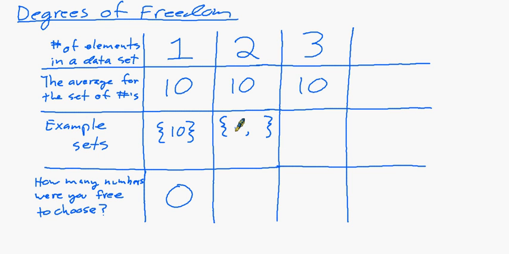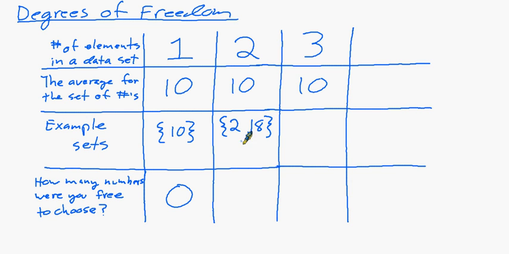Could we choose this number to be, I don't know, 2? Sure. Once we have made that choice, can we choose what the second number is? Or is that second number now set? Right, it's set. We don't have any freedom in this number. It has to be 18. 18 and 2 is 20, divided by 2 is 10.